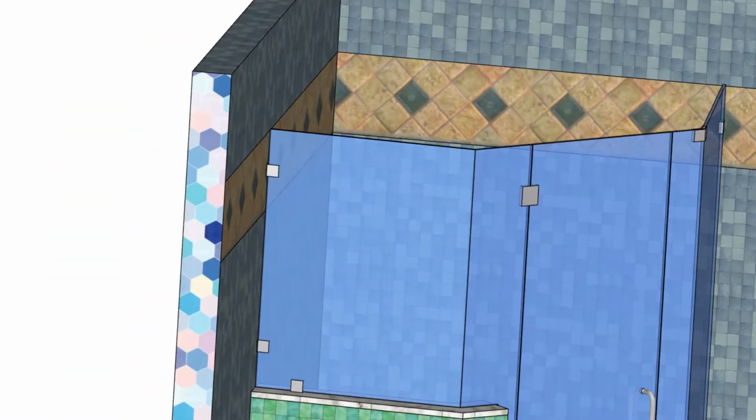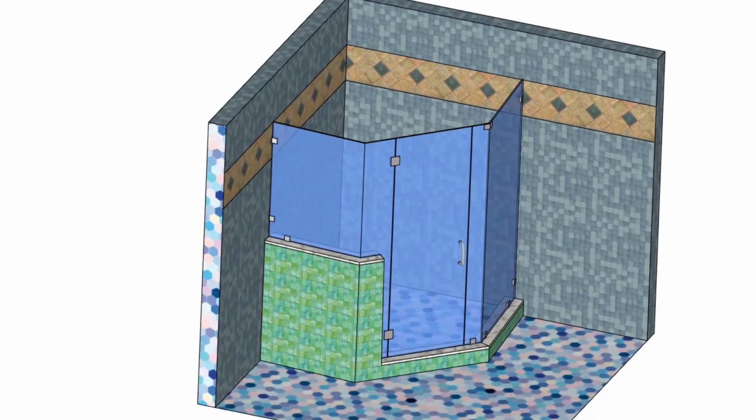Frameless showers don't have a frame at the edge of the glass. You see the edge of the glass, and you want to see that edge of the glass nice and close to the tile. That means it should be parallel to the tile. Nobody wants a big gap that's crooked at the edge of their shower. Who's going to pay for that?